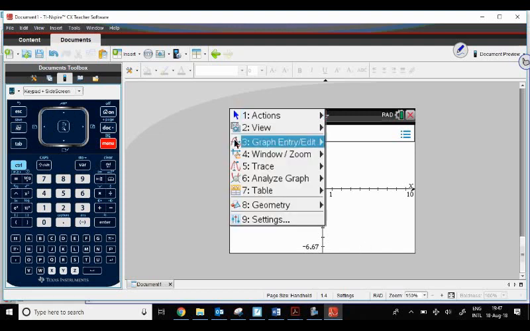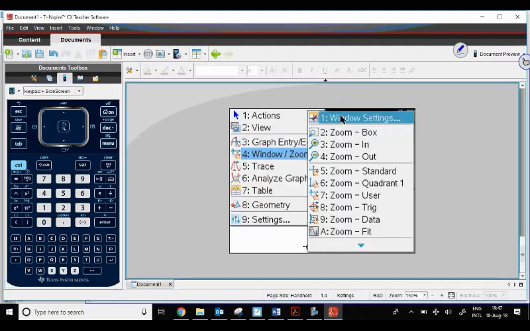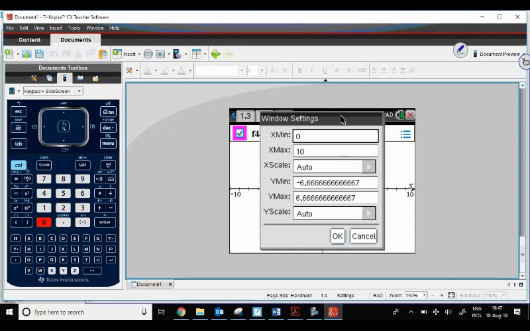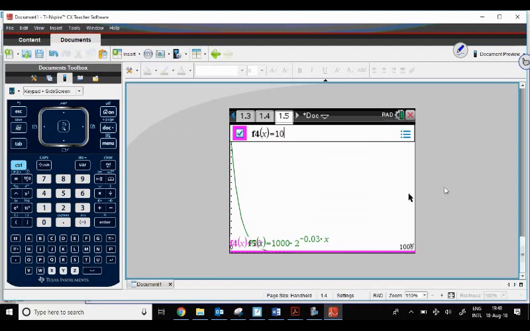So let's change the window. My x min can be 0. My x max, well, it's not going to be more than 1,000, so let's start there. My y min can't be less than 0. My y max, let's start it at 1,000 since that was my initial weight. There we go. Okay, and way, way, way down here, it's actually tough to tell in this picture. Let me get some stuff out of the way.